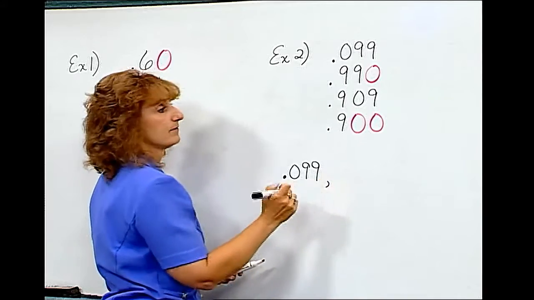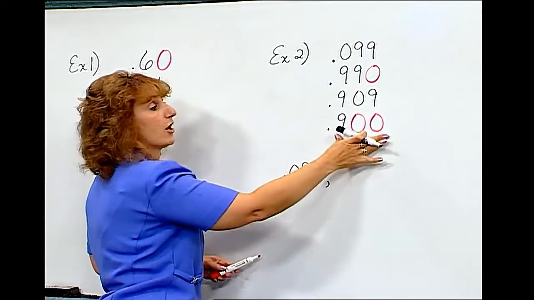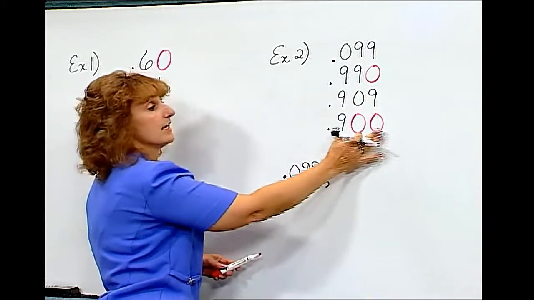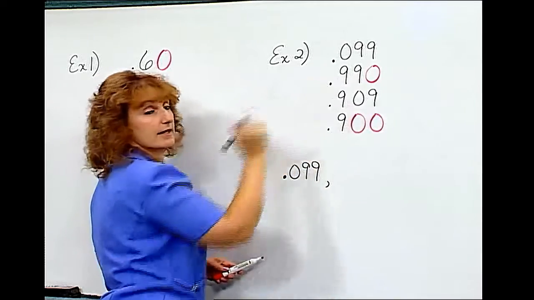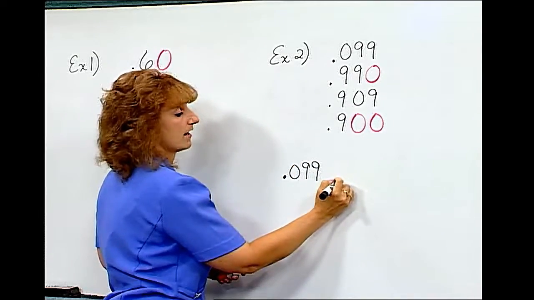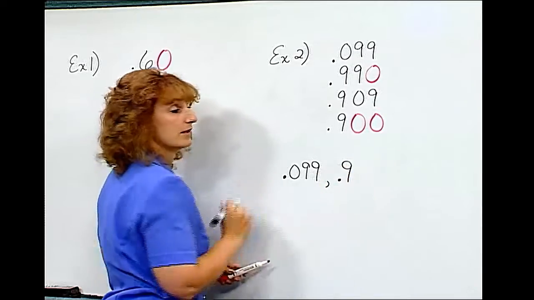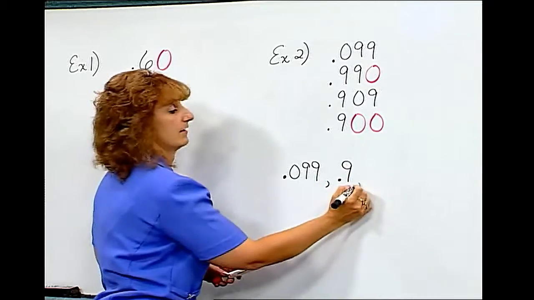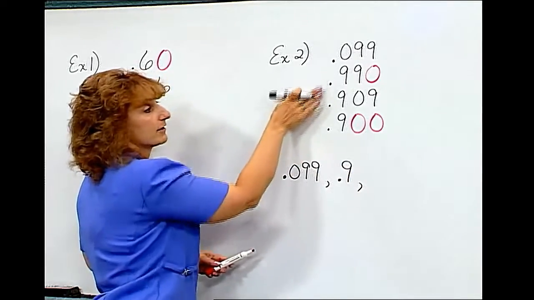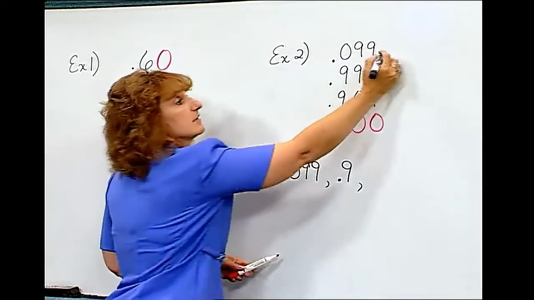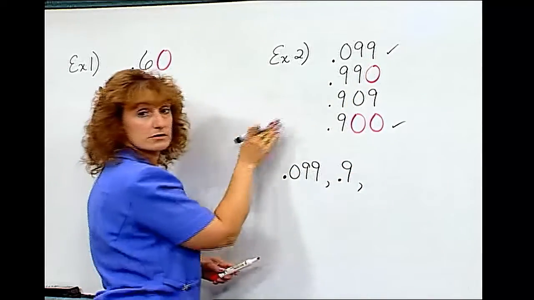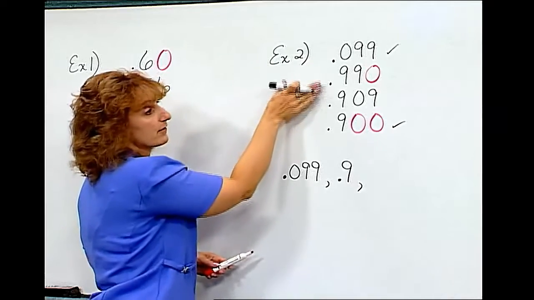After that, we have 900 because 900 is less than 909 and 990. So 0.9 would be our second. Comparing our last two, and sometimes it's good to check off what you've used so as not to confuse yourself, we have 2 more to check.